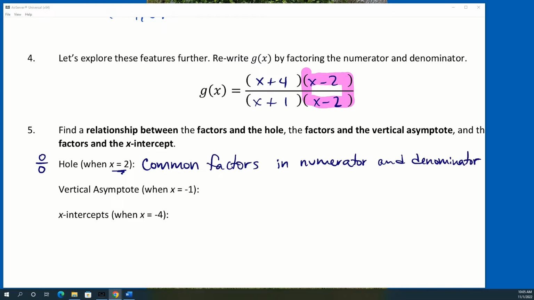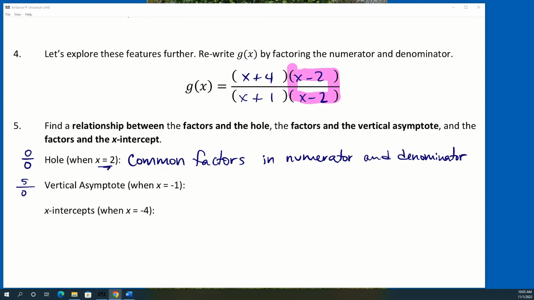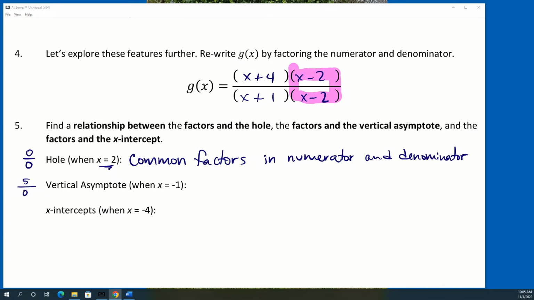Okay. There is also a vertical asymptote when x is negative 1. In this situation, I don't know what it is because I haven't actually plugged it in. But when there's a vertical asymptote, you get a situation like 5 over 0. So a number other than 0 over 0 is always going to be a vertical asymptote. If we're looking at the factors, there's one factor that involves a 1, and it is this one.